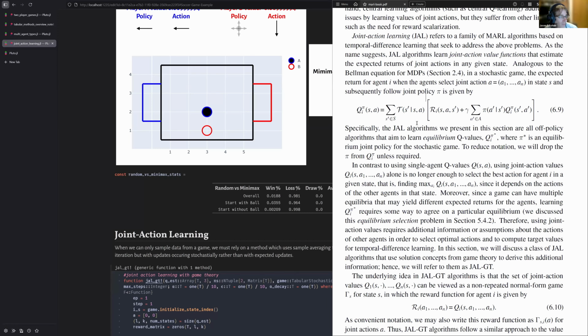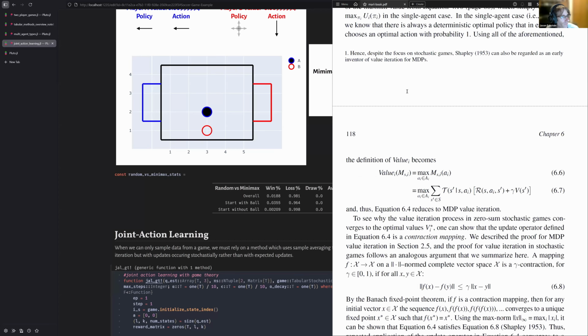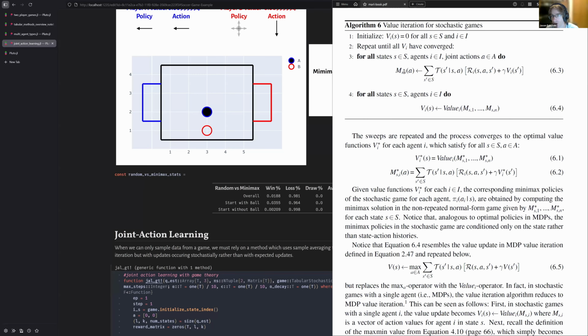But the idea behind this algorithm is that we're going to take samples of this by having two agents play in an environment and observing the rewards, and observing from the actions that the agents select what states they end up in. And therefore, we're going to learn these joint action values, which are the analog of the M values we had here, right?